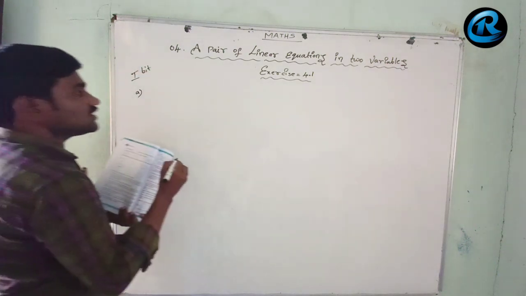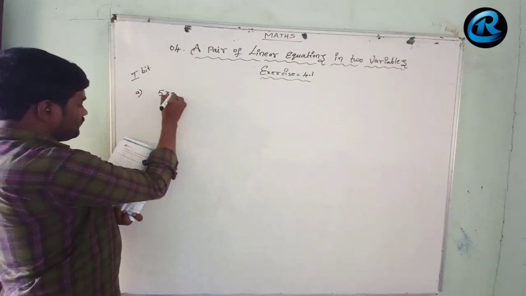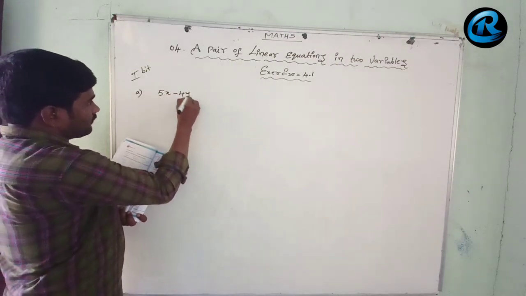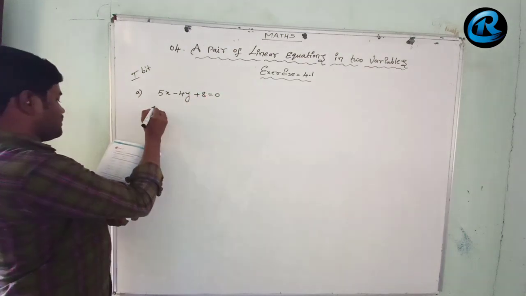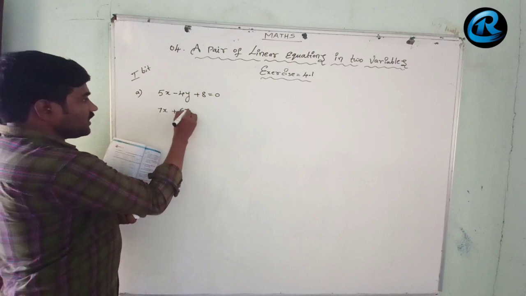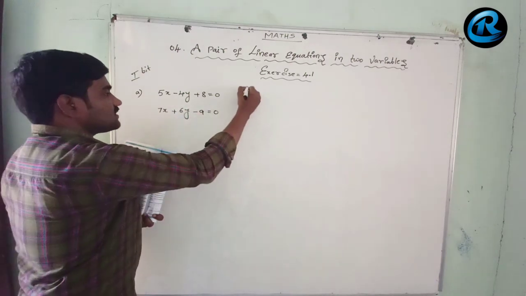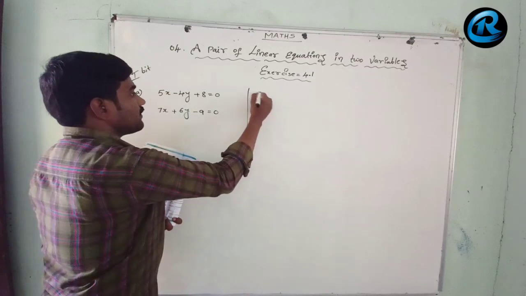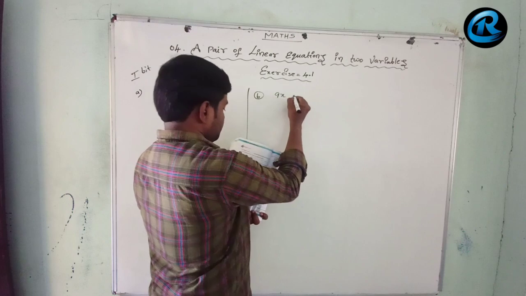So by comparing the ratios of a1 by a2, b1 by b2 and c1 by c2, we should tell whether the given equations make intersecting lines, parallel lines or coincident lines. So easily we can tell.